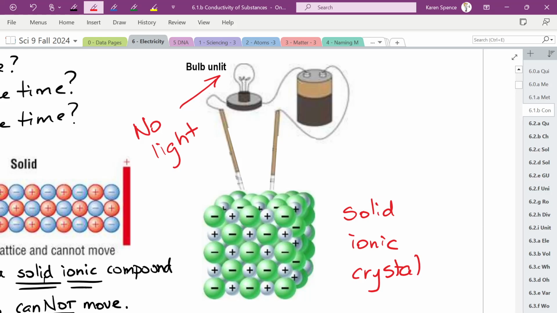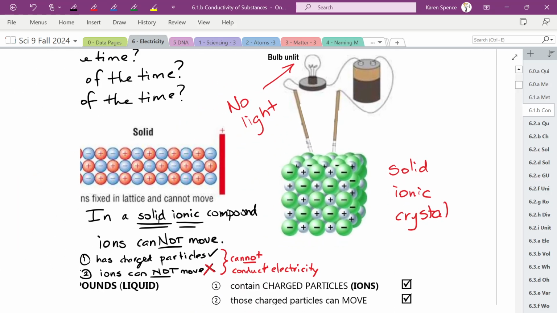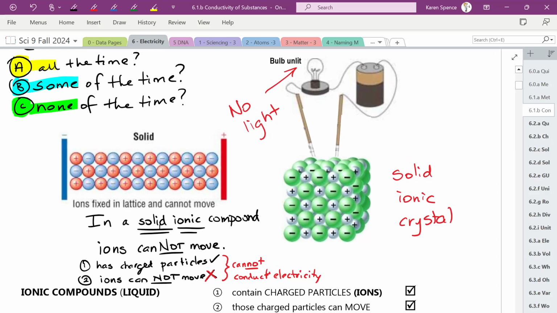Did we have ions that could move yesterday? What did we have to do with our ionic compound to make it conduct electricity? We had to put it into water and dissolve it. Okay?